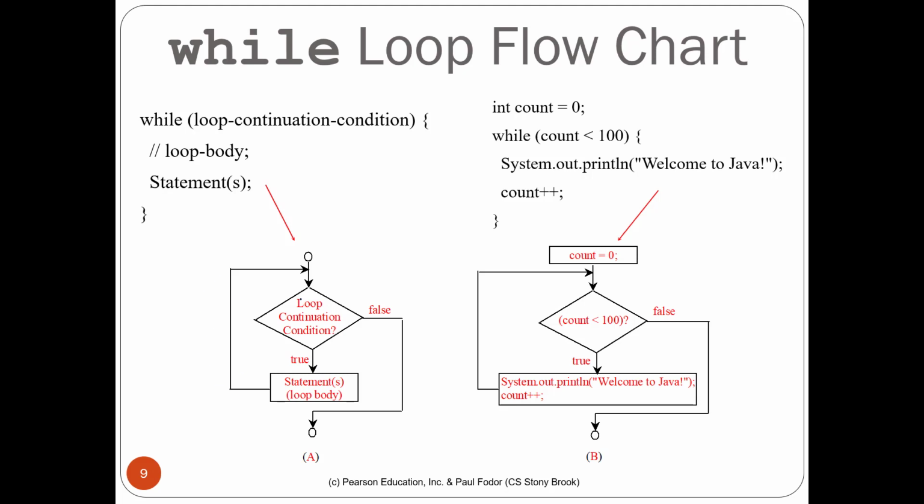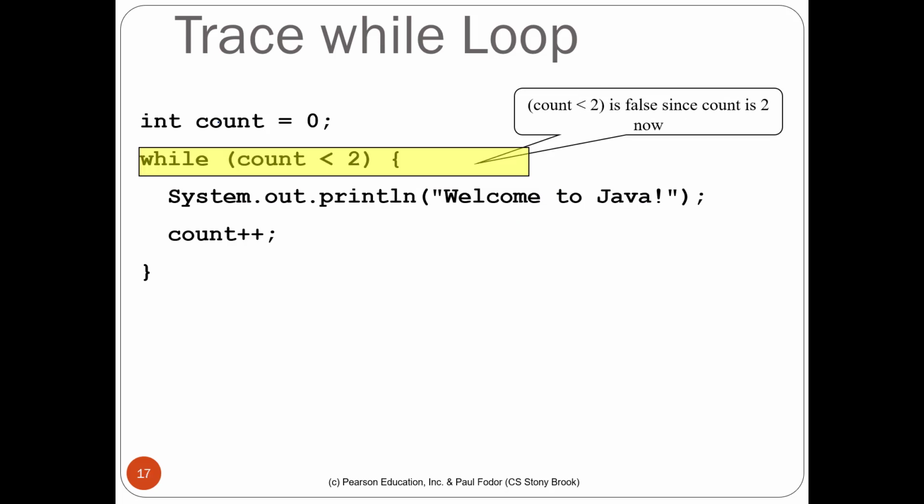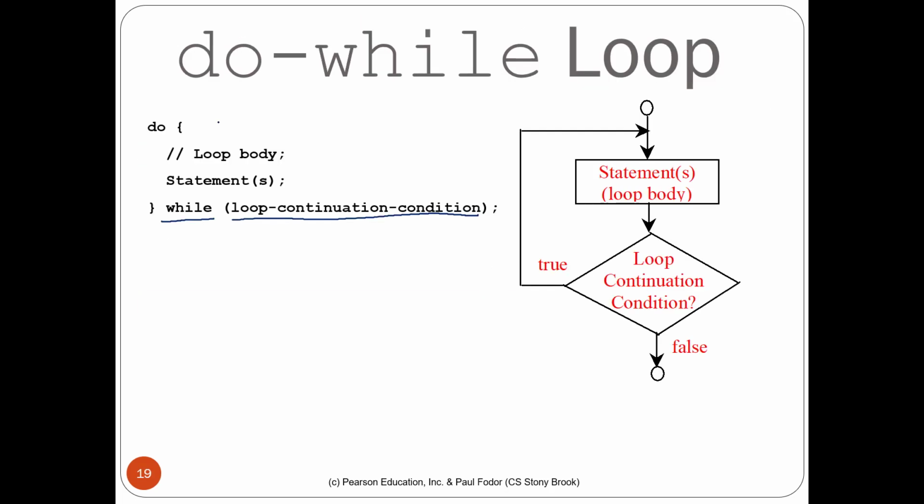So the difference between a while loop and do while loop is that, look at the while loop. Before you enter the loop body, you have to check the condition. Only when the condition is true, you get to execute the body of the loop. Whereas in the case of the do while loop, you don't check the condition the first time.